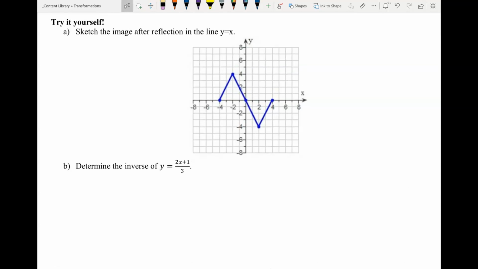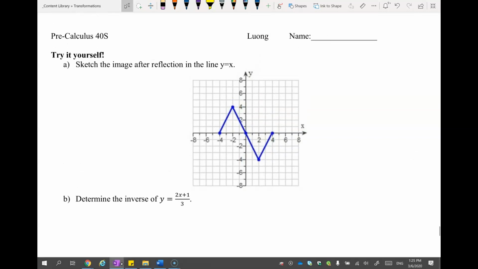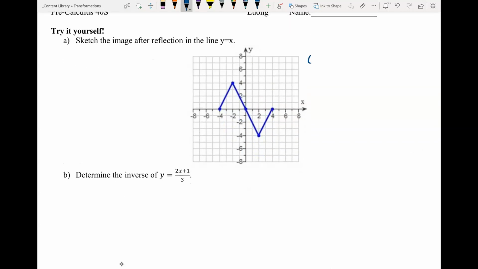Okay, for try it yourself A, I'm just going to write down the points that we have, which is -4, 0, -2, 4, 0, 0, 2, -4, and 4, 0. Our transformation is switching our x and y values.